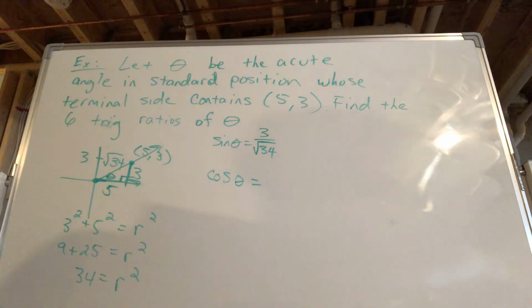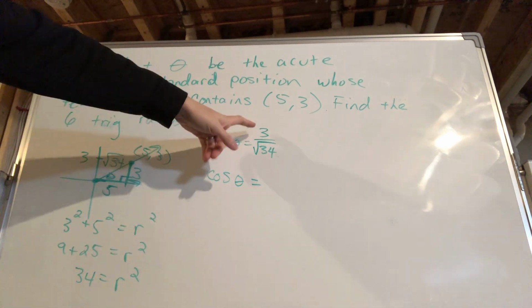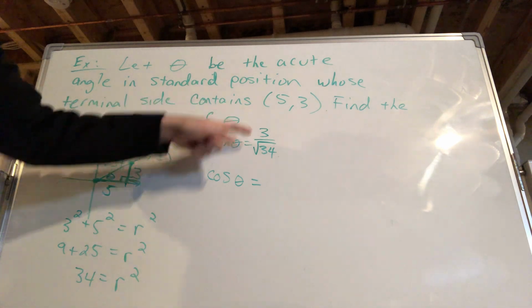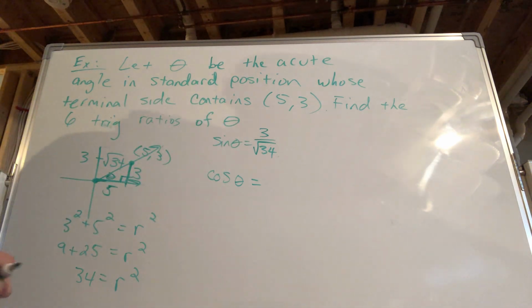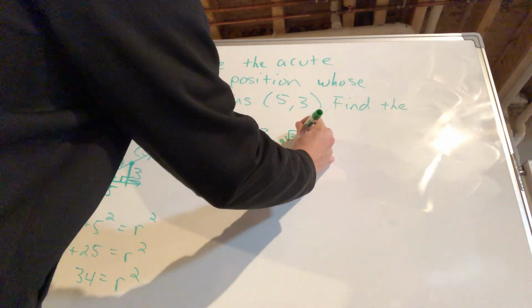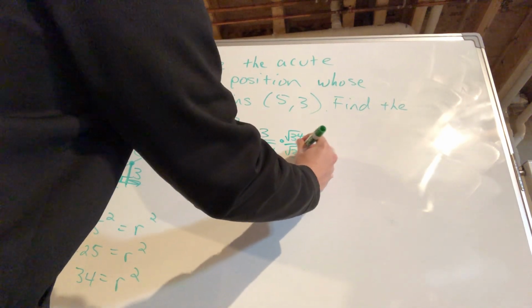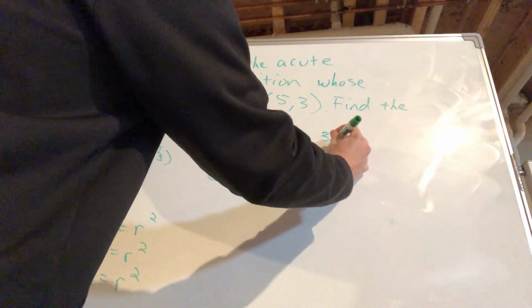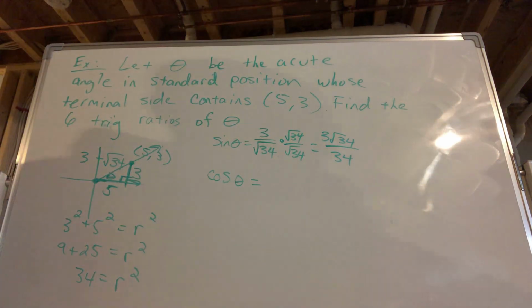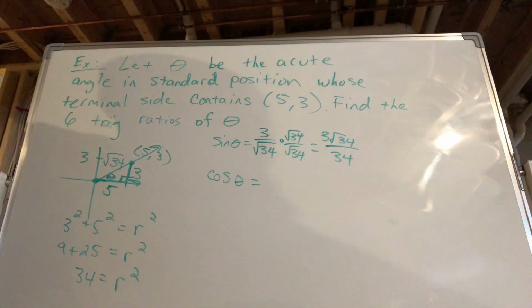Cosine of theta. Well, actually, I probably should pause right there and simplify this. So what would we do to simplify this fraction to get rid of the square root off the bottom? Hopefully you guys remember we would multiply by the square root of 34 over the square root of 34, which is 3 times the square root of 34 over 34. Okay, so that'd be your answer for sine.